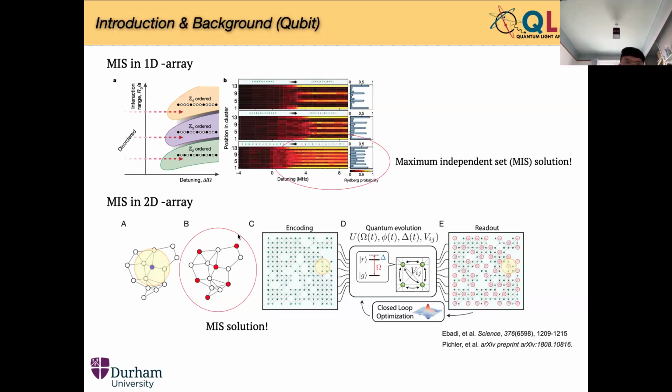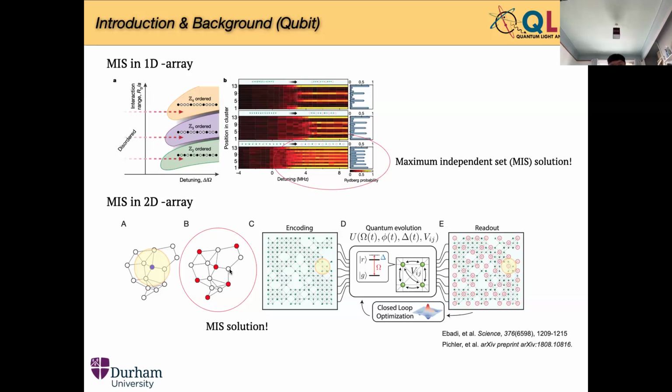For example, this red dot here is excited in the Rydberg state, and the neighboring atoms, this one and this one, just cannot be excited to the Rydberg state anymore. But this one actually could be excited, but because this one is already excited to the Rydberg state, it cannot be. So that's why the solution of this maximum independent set is naturally encoded in this kind of system.